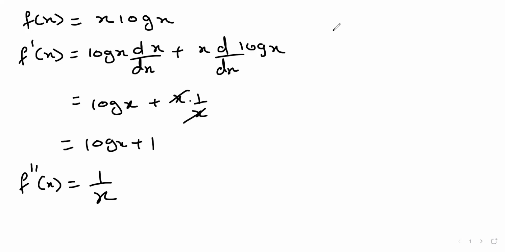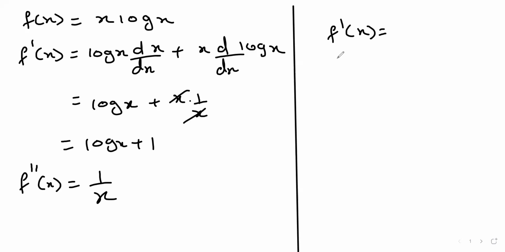Now the next step is we put f dash of x as 0. So log x plus 1 is 0. Log x is minus 1.